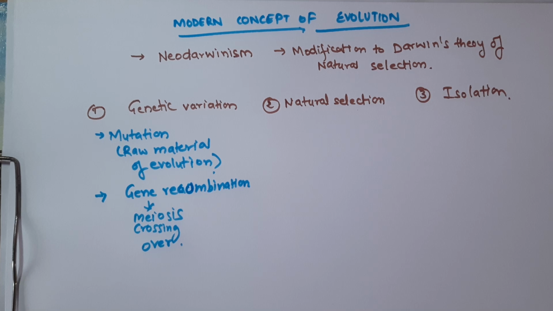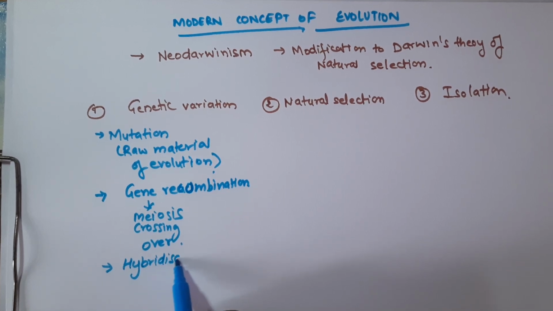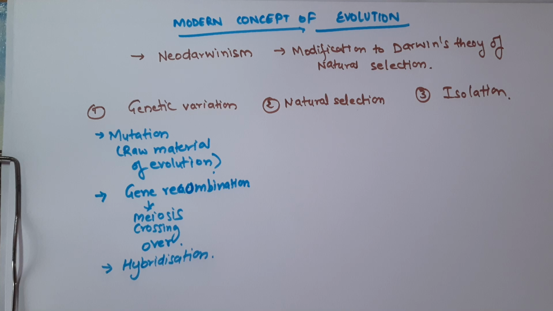The third one is the hybridization. Hybridization occurs due to the intermingling of the genes of members of closely related species.